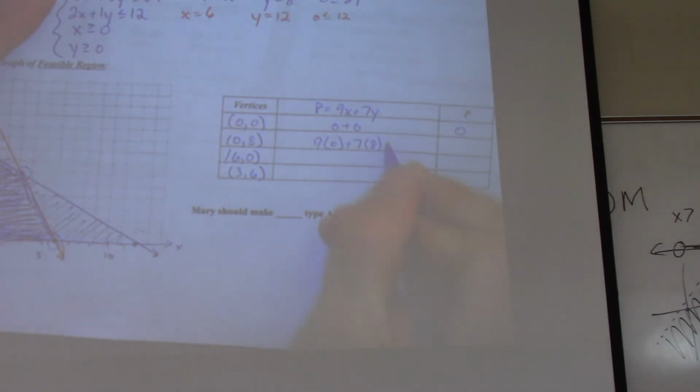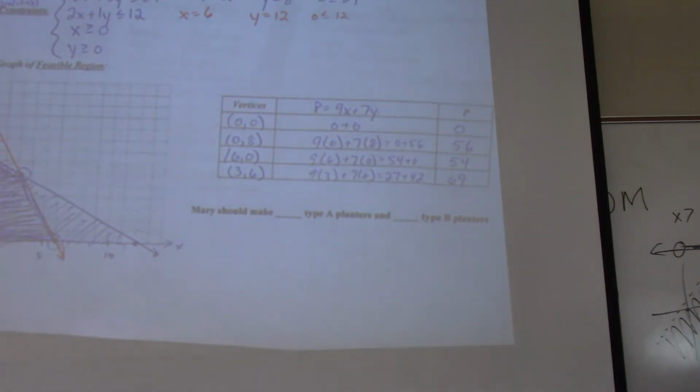You can just write 0 plus 56, which is 56. Same thing here, 9 times 6 plus 7 times 0, which is 54 plus 0, which is 54. And 9 times 3 plus 7 times 6 is 27 plus 42, which is 69.